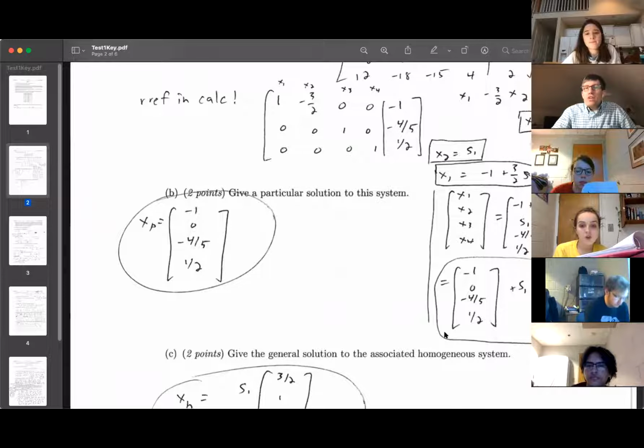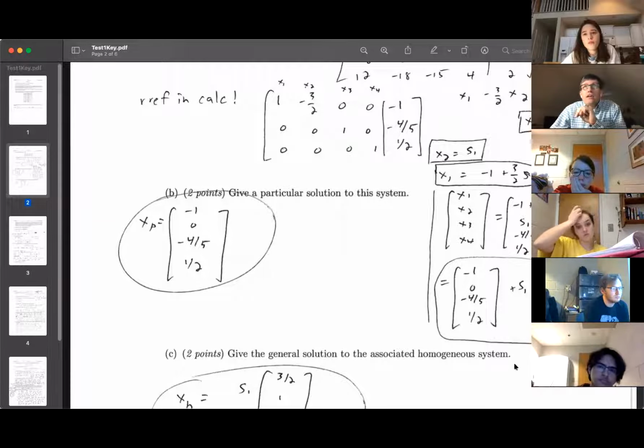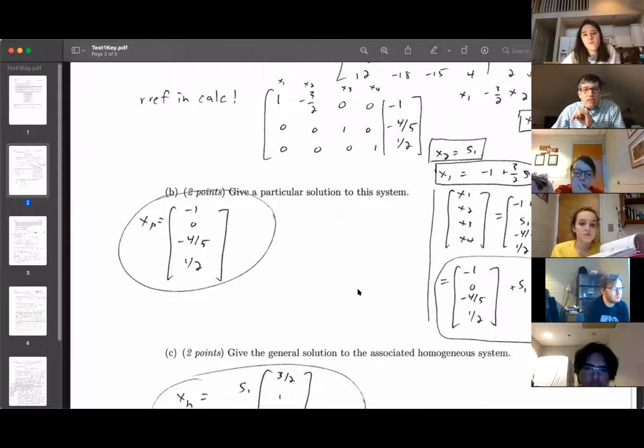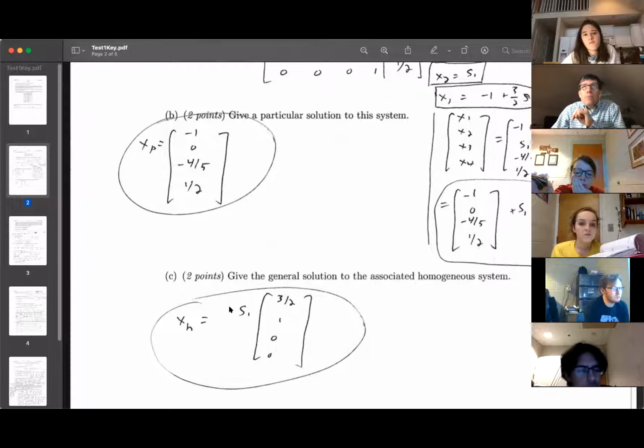Every solution can be broken apart into two bits: a particular solution and the general solution. The first bit, the part without the S's, is your particular solution, XP. And the second bit, the part with the S's, is your general solution to the associated homogeneous system.